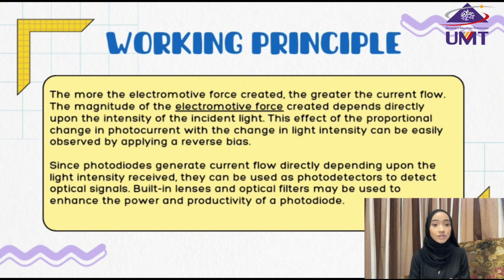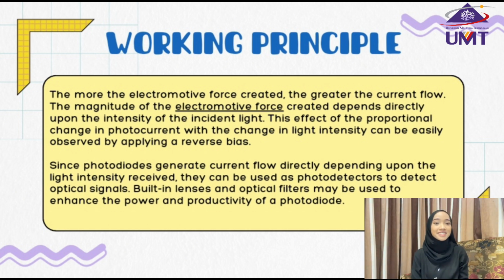The magnitude of the electromotive force created depends directly upon the intensity of the incident light. This effect of the proportional change in the photocurrent with the change in the light intensity can be easily observed by applying a reverse bias.